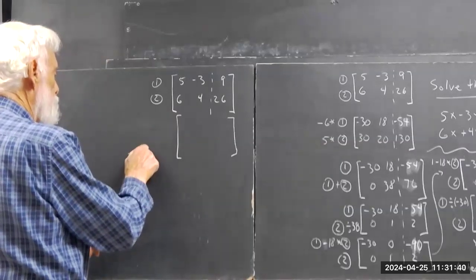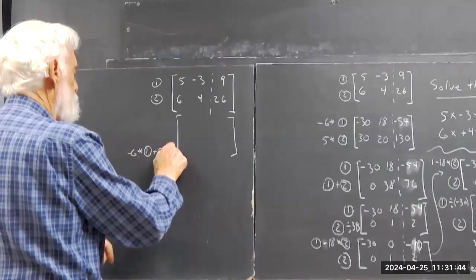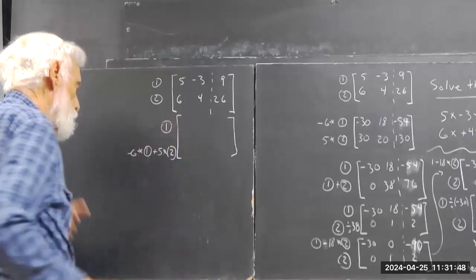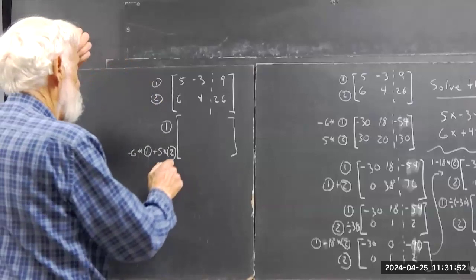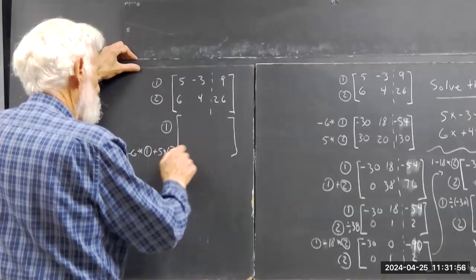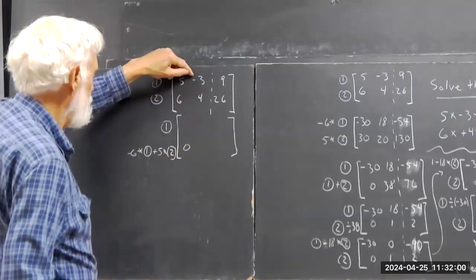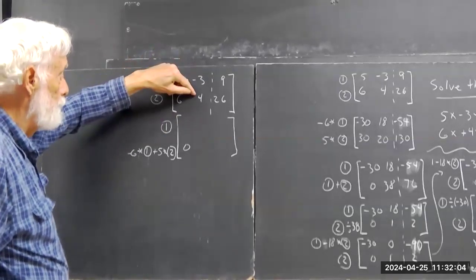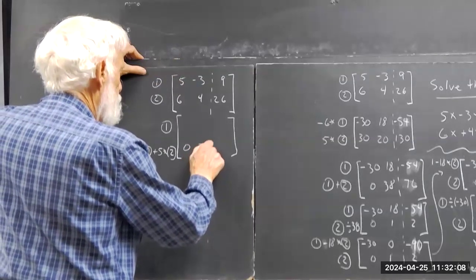You want to put that in row 2. Row 1, I don't want this. Okay, so if I do that again, in the first place for this row, I'm going to get 0. -6 times -3 is 18. 5 times 4 is 12. And that's going to give me 30.